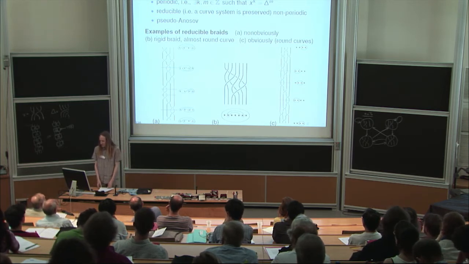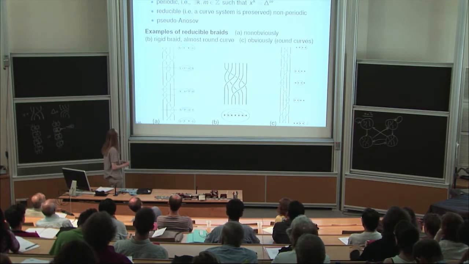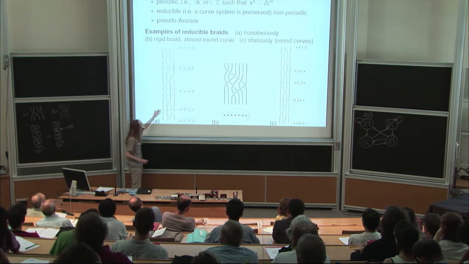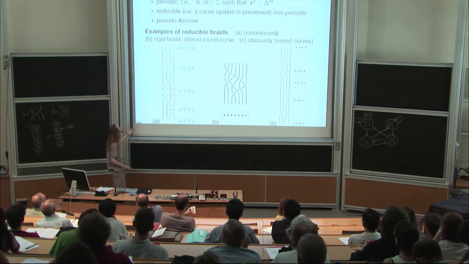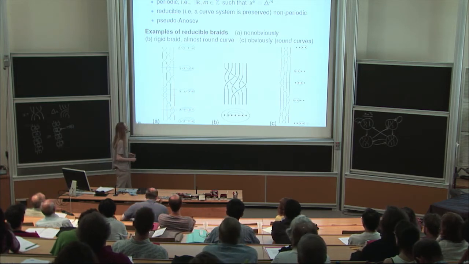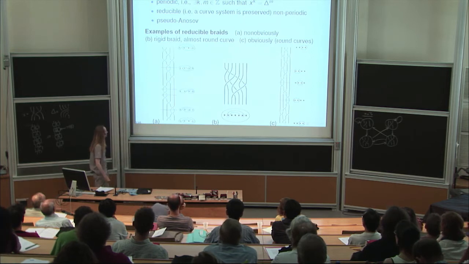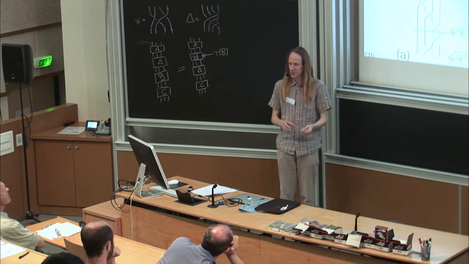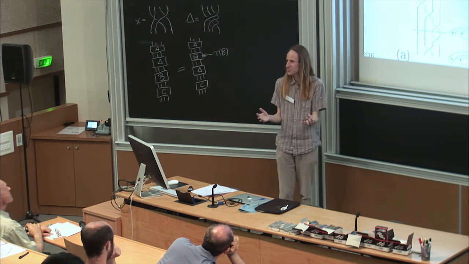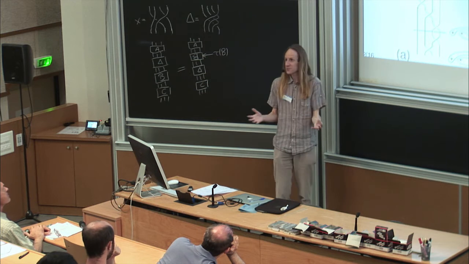Let me give you some examples of reducible braids. This first kind of example is really the kind of thing that annoys us. If you want to recognize a reducible braid, this is really difficult.